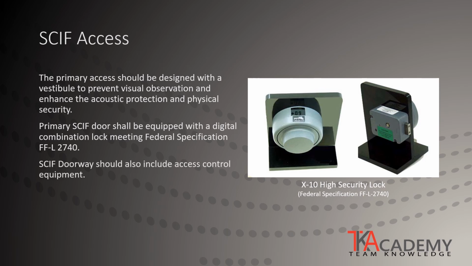The doorway into a skiff should also be equipped with an access control system, so only authorized individuals are permitted. Typical means of access control are electronic keypads, card readers, or even biometric readers such as fingerprint scanners. Electronic access control systems will maintain a historic entry log of all individuals who enter the skiff.